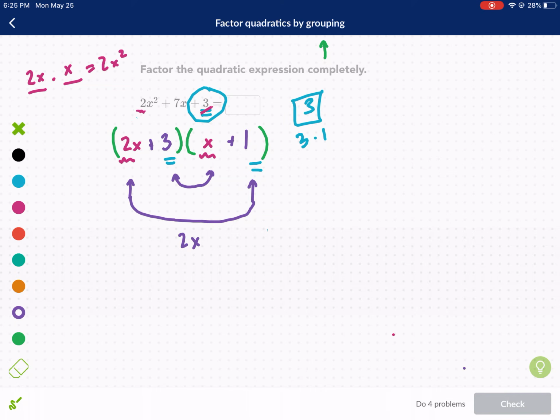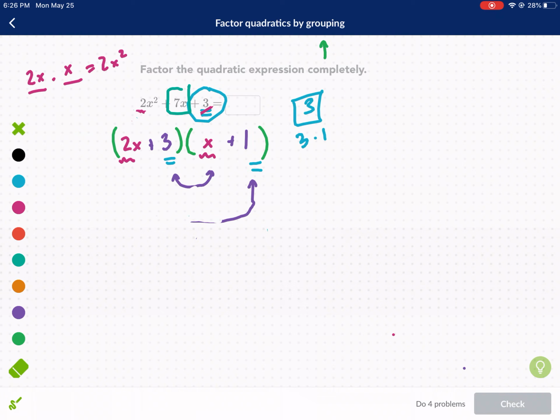And then you have 3 times x gives me 3x. And these two terms need to add up to give you your middle term. In this case, we have 3x plus 2x. That equals 5x, which is not equal to 7x. So that is not correct. We chose incorrectly where to put the 3 and the 1.